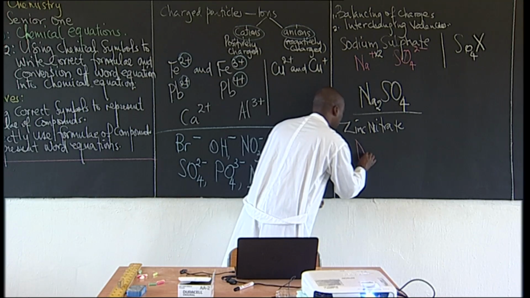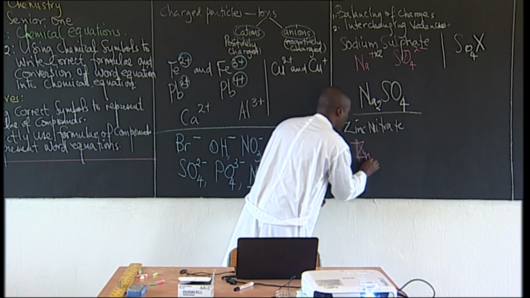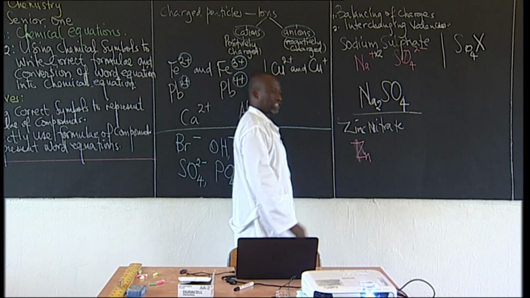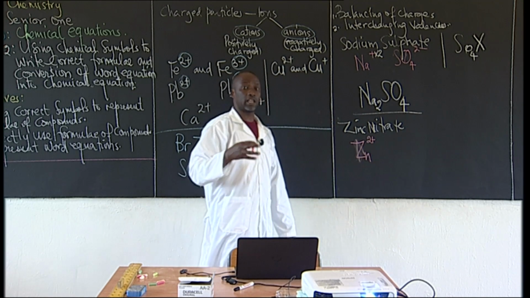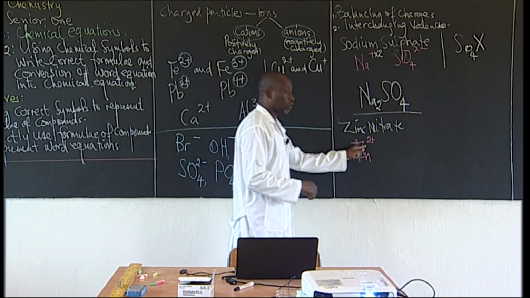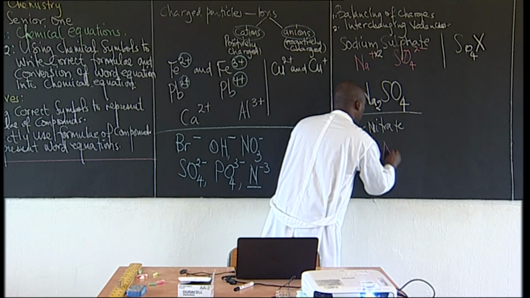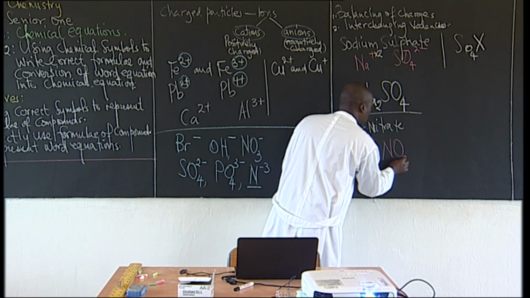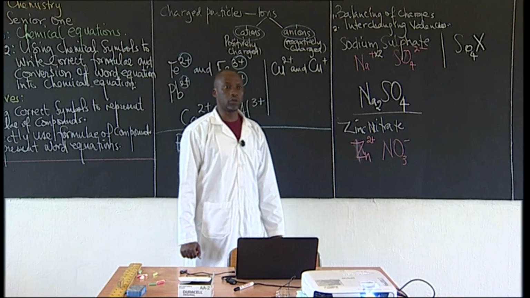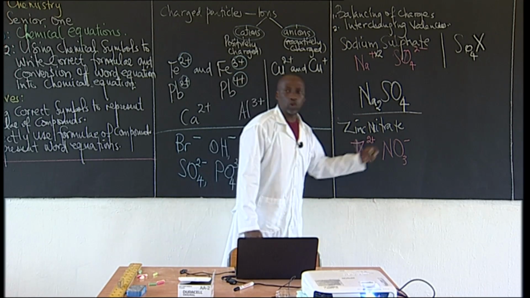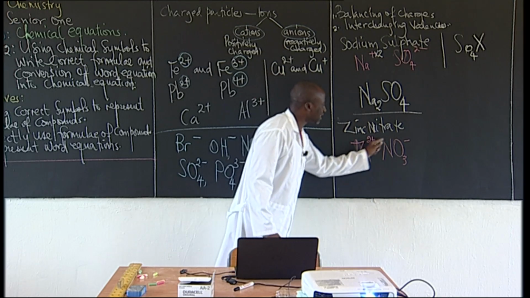You need to remember that this is the symbol for the zinc, and what will be the charge? The charge, that means the valence, because we said the valence corresponds to the charges. Positive 1. What about the nitrate? The nitrate is represented by NO3, negative 1. So what do we do now? The charges are not balancing. That is the first thing that we need to do. Balance the charges.